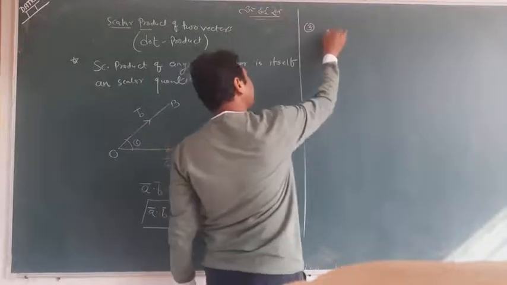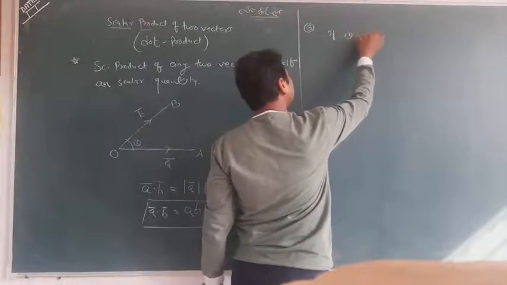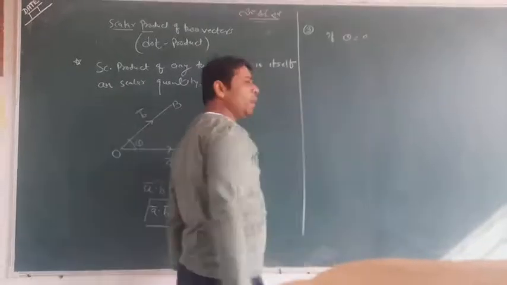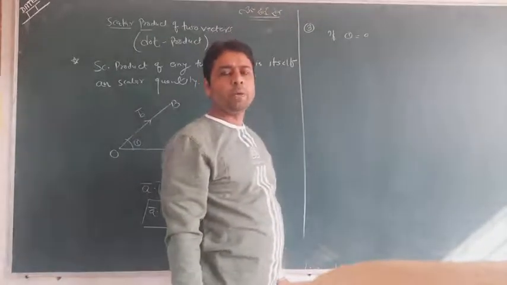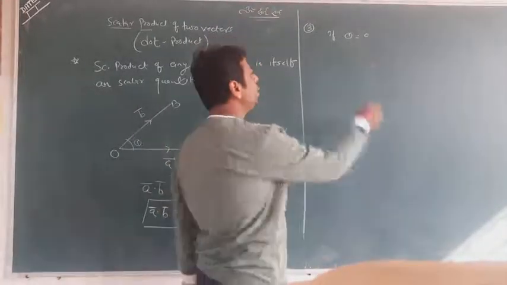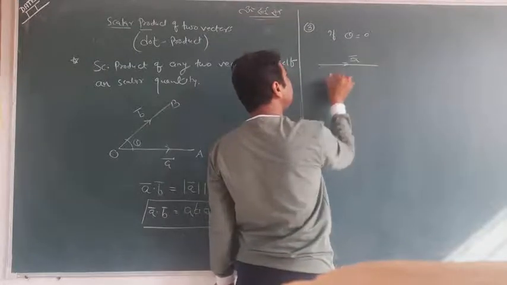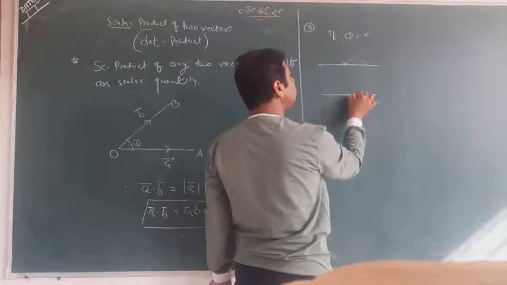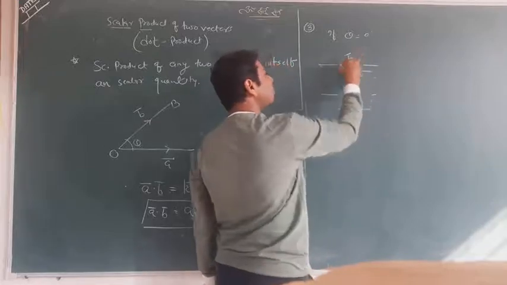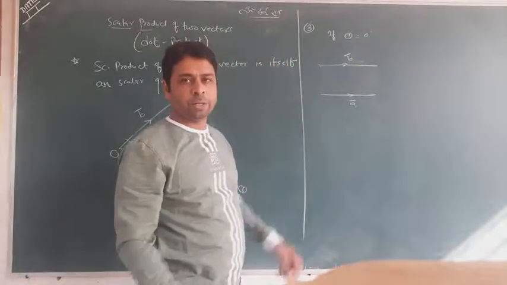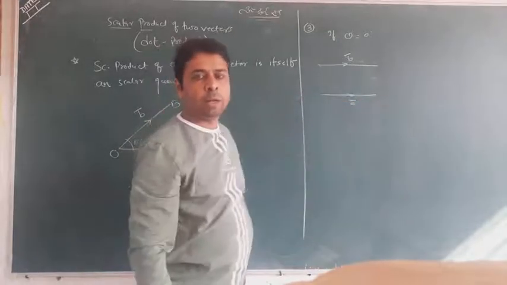Third thing I am writing, if theta is equal to 0 degree, a very beautiful concept this is. What is the meaning of theta equal to 0 degree? Two conditions are possible. First, this is A, and suppose it is B with the same direction, parallel.